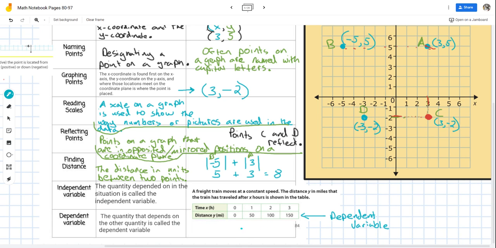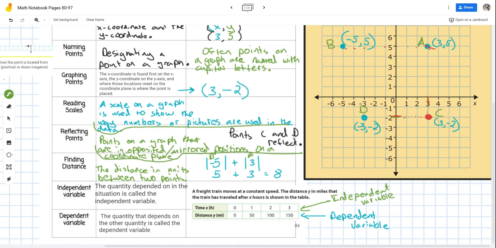It's the distance the train traveled, because the distance traveled depends on the independent variable, which is the amount of time that it traveled. If the train doesn't travel at all, it can't go anywhere. The time that it travels is independent from the distance, because the distance depends on the time it takes to travel there.